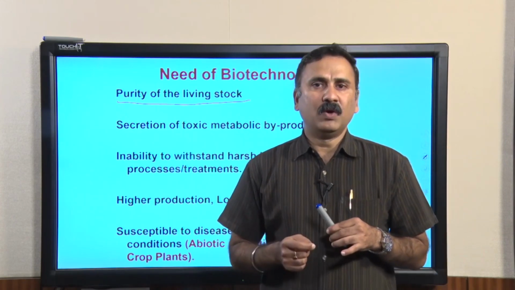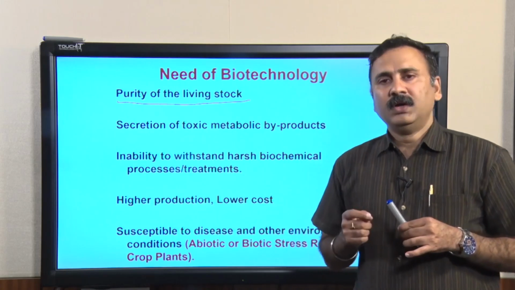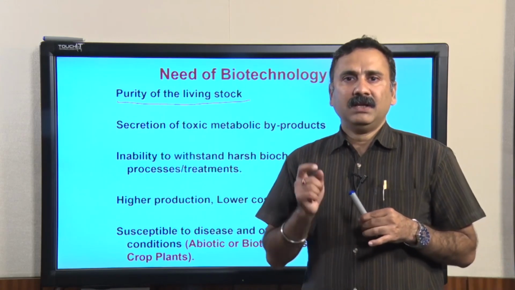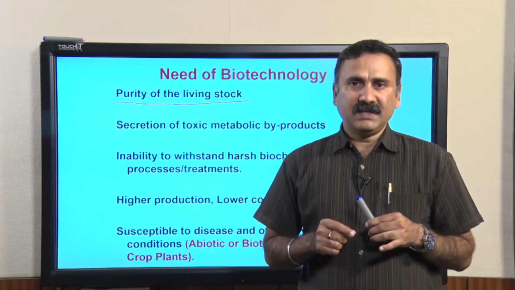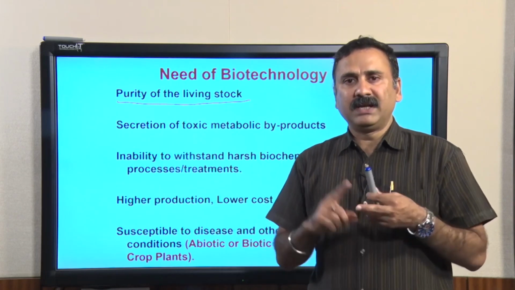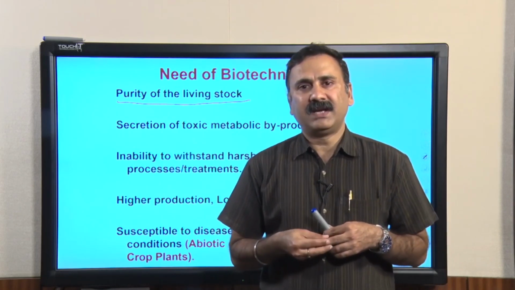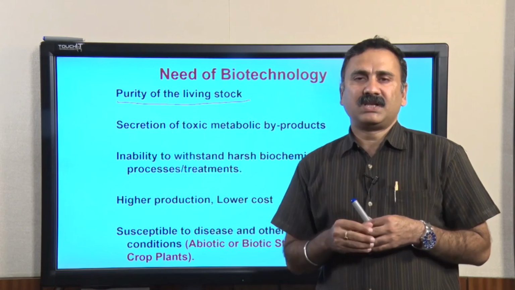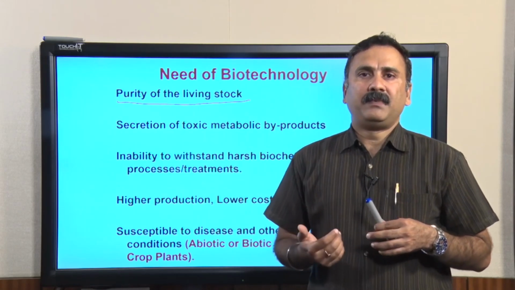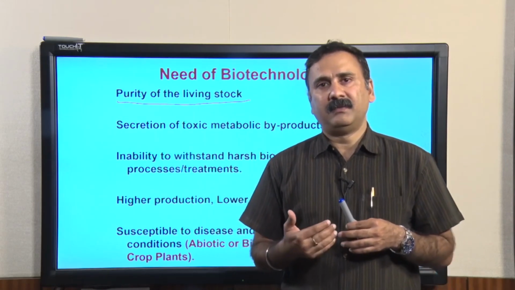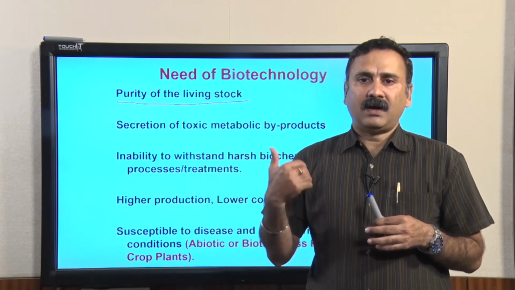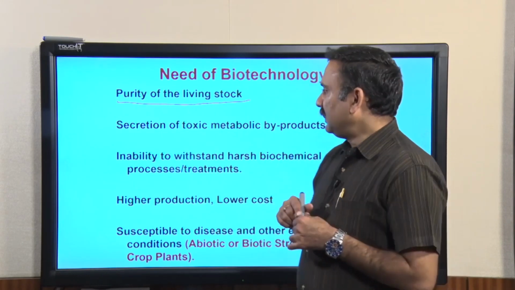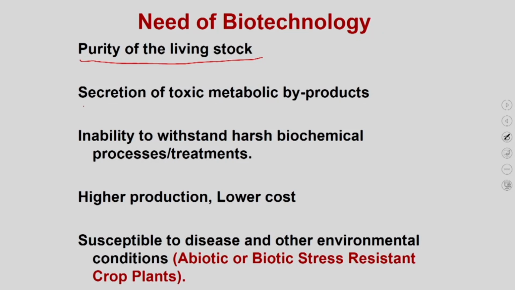The advantage of a pure strain is that you know its quality as well as its features, and that is how you can mix one particular pure strain with another particular pure strain to develop a unique property in the offspring.